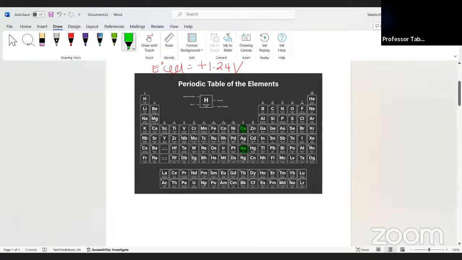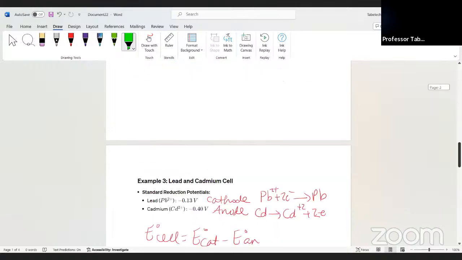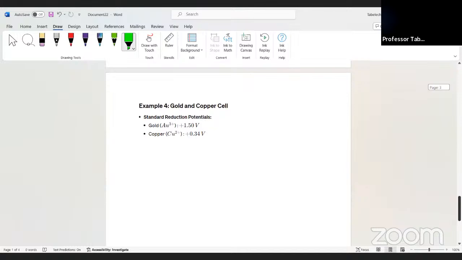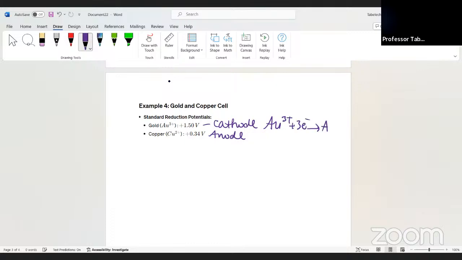So for this last problem, gold is the cathode and copper is the anode. That means I'm going to write out gold with the 3 plus charge plus 3 electrons to give you gold. And then your copper gives you the plus 2 charge plus those 2 electrons to balance it out.